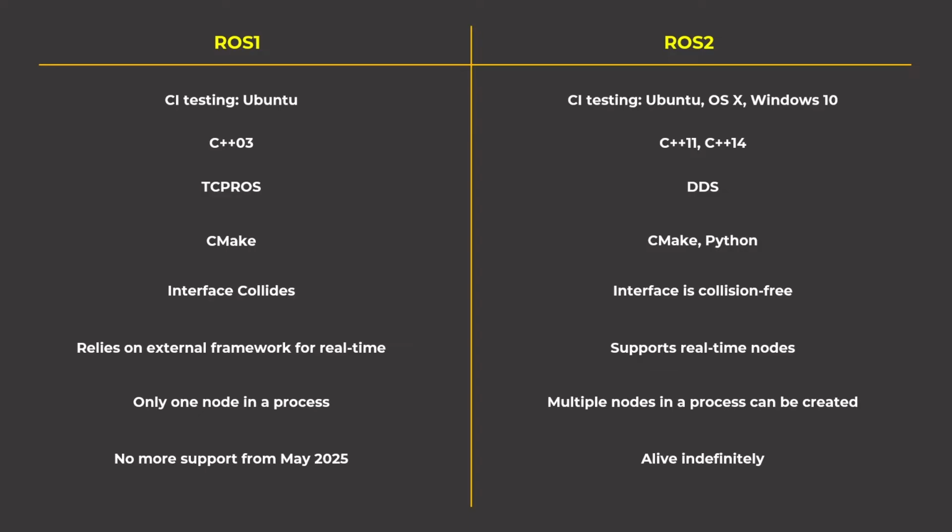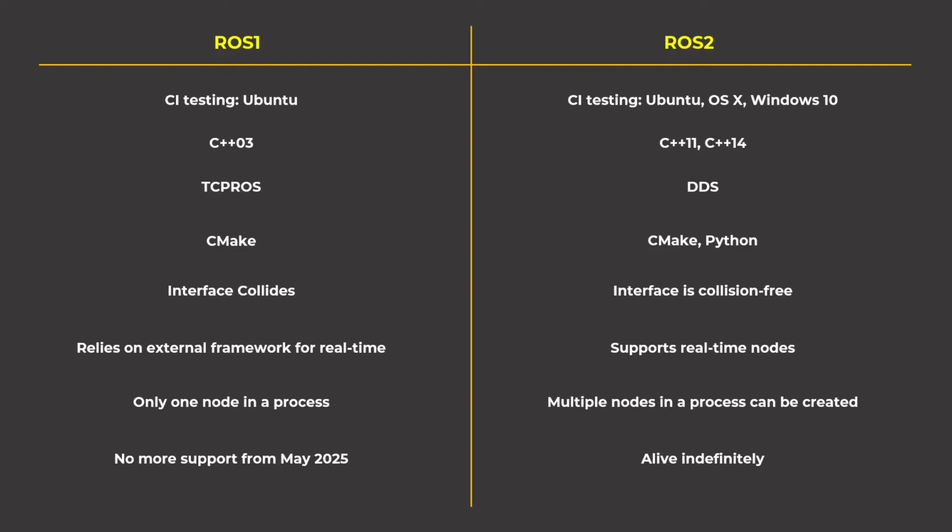In ROS2, other build systems can be easily supported, like Python and not just CMake. In ROS1, message and service files can have the same name, but the generated code collides. The same is the case for the request and response parts of services.